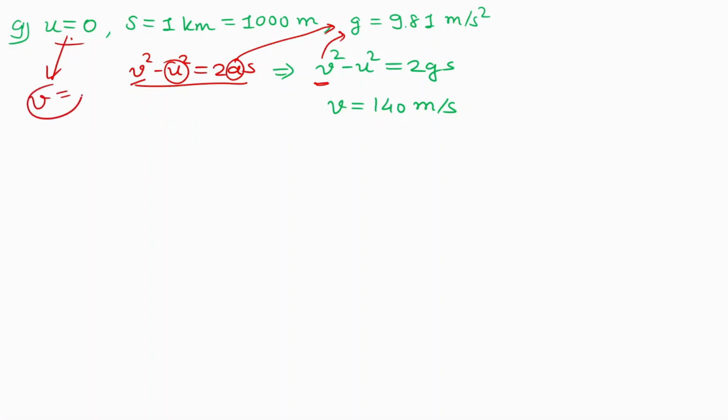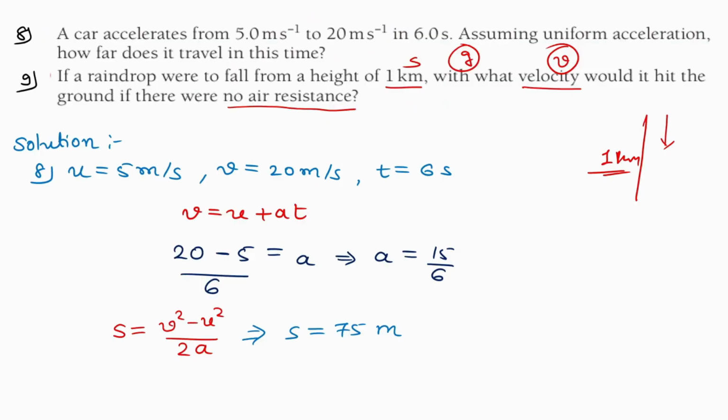The change in velocity is caused by gravity, somewhat of an acceleration. And you know the s over here is 1 kilometer, but you have to convert it to meters, 1000 meters. So put these values over here, and you will get the final velocity, I would say about 140 meters per second. So this is also a simple question, I would say.